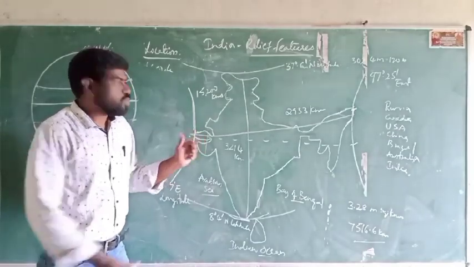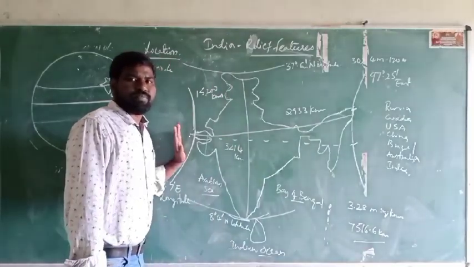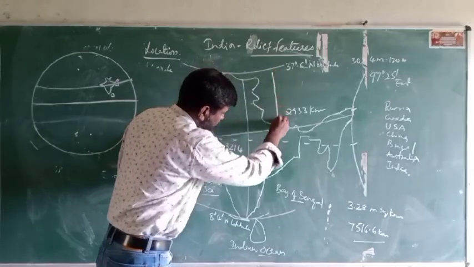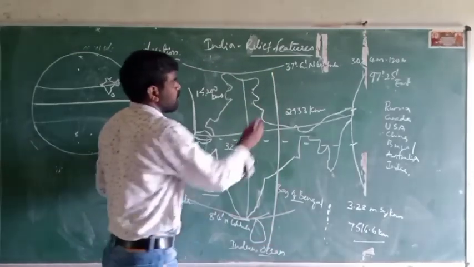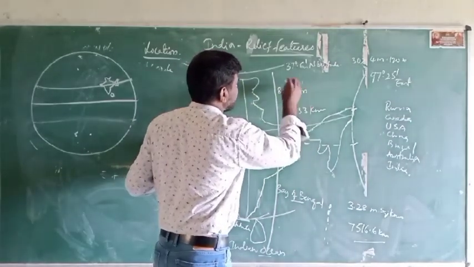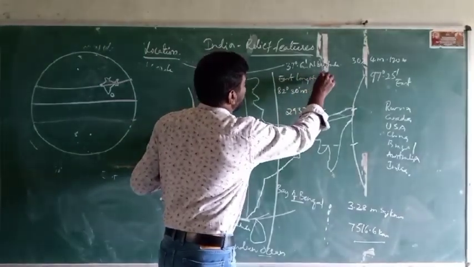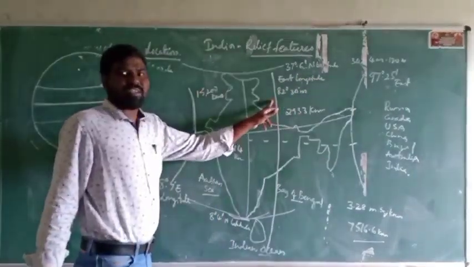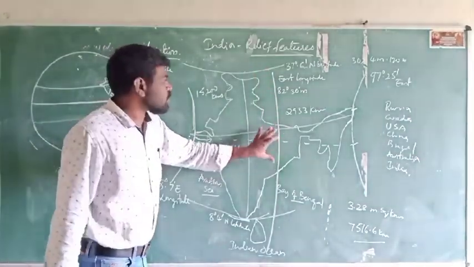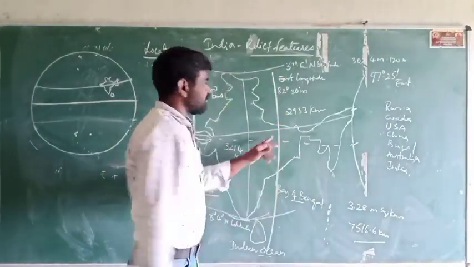So, to avoid the confusion of a 2 hour difference, we have taken 82 degrees 30 minutes east longitude as India's standard meridian, according to which the Indian Standard Time is decided.